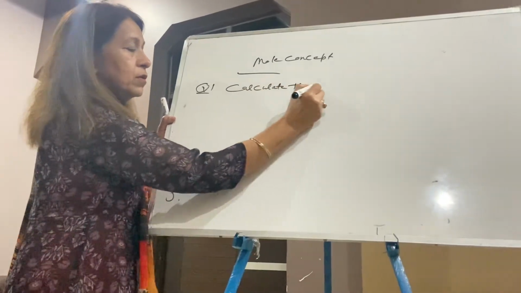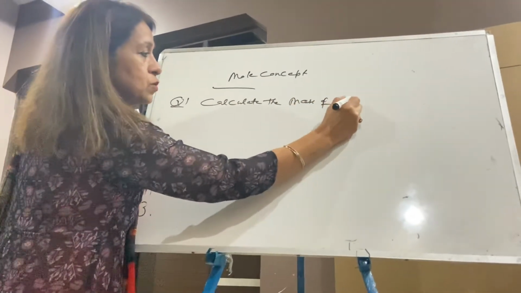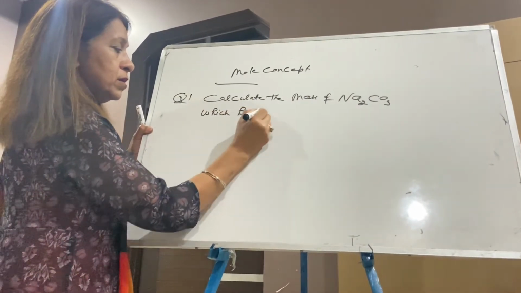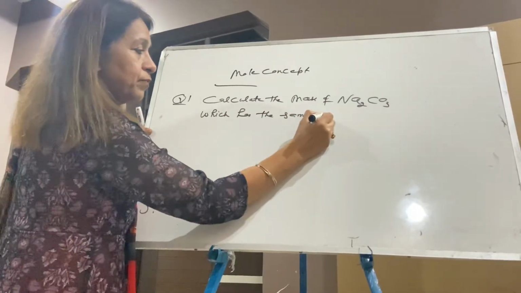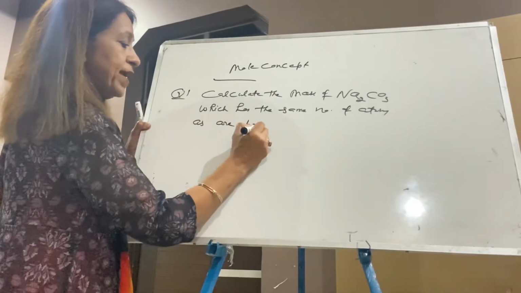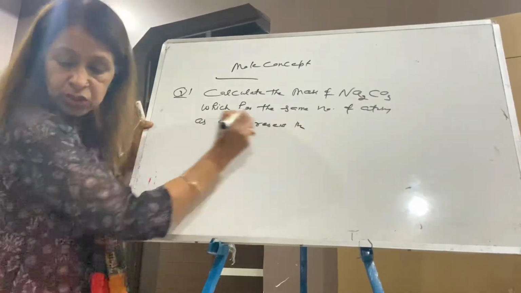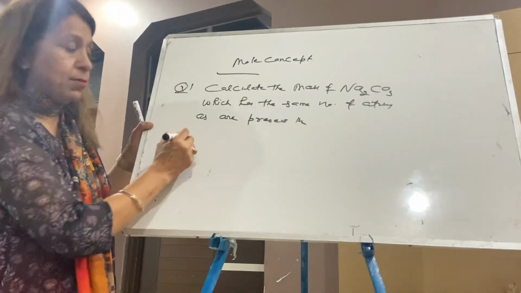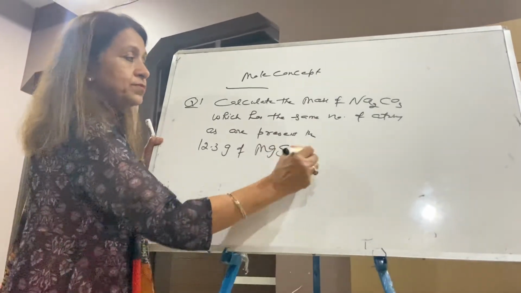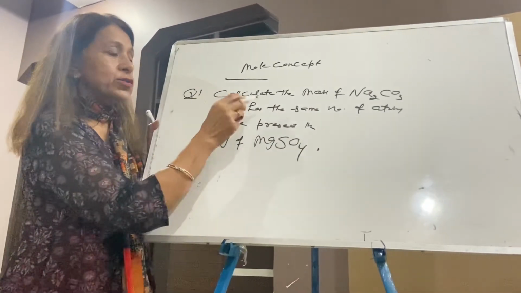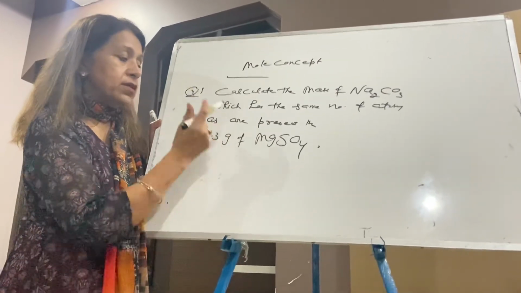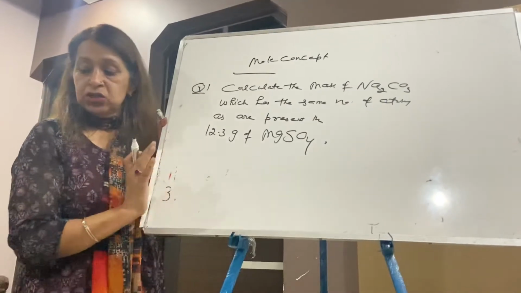Calculate the mass of sodium carbonate which has the same number of atoms as are present in 12.3 gram of magnesium sulfate.